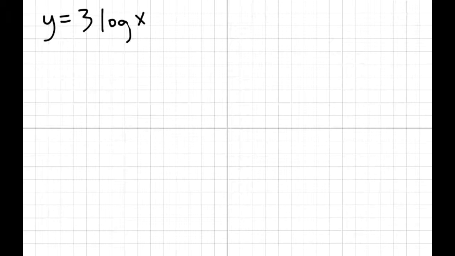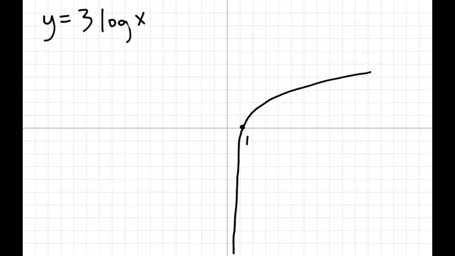Hit graph, and you should get a graph that does something like that. So it's still going to cross at the point 1. You're still going to have an x-intercept of 1, and our graph will just continue on and on in both directions.